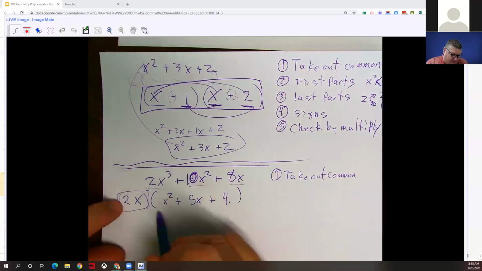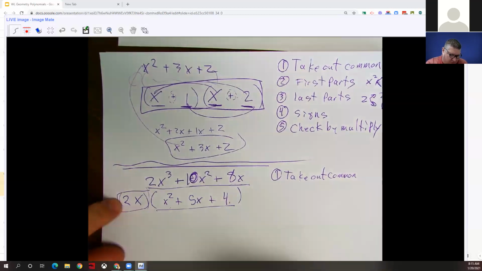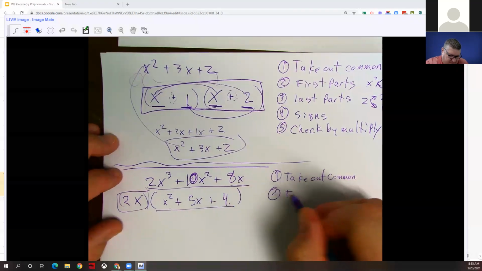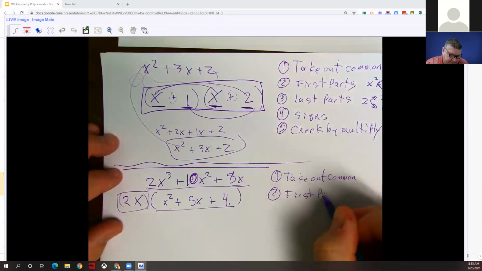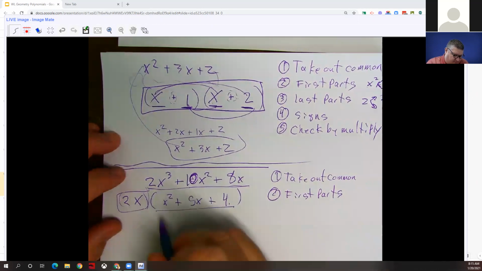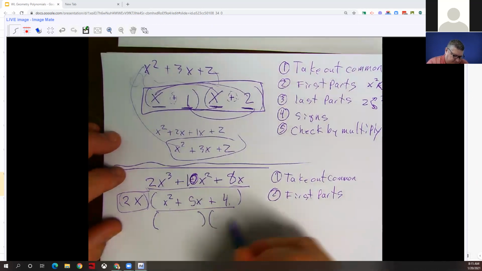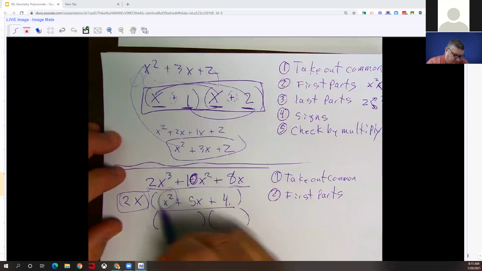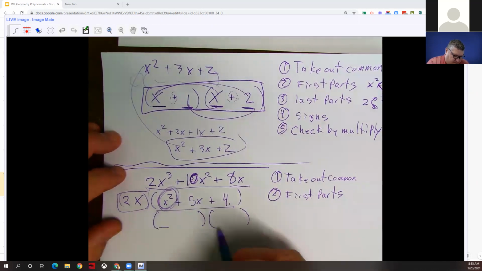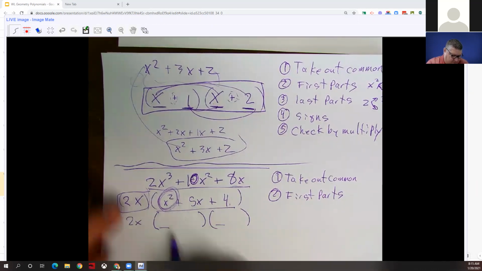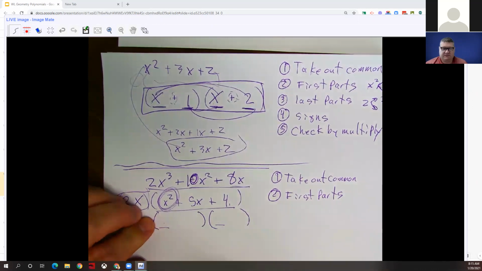So that has made our problem more simple than it was before. Number 2, we want first parts. How do I break the first term into 2 parts? What goes here and what goes here?